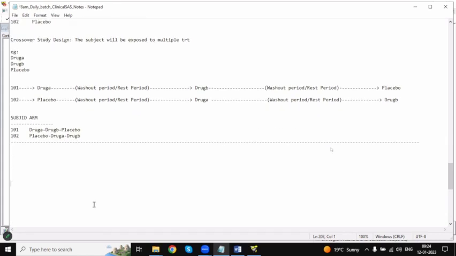Understand the difference, right? So the next definition, site. What is site? I told you already. It is not only a hospital. It is where the trial has to be conducted, where the clinical trials are happening.